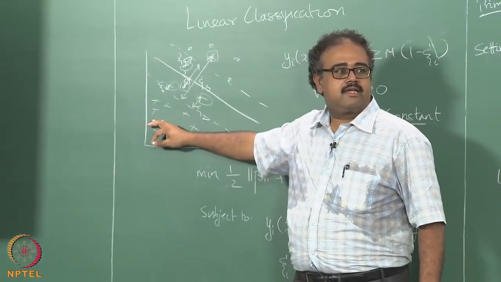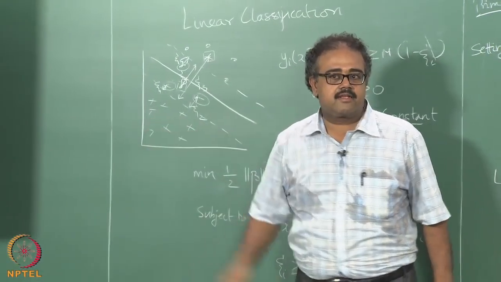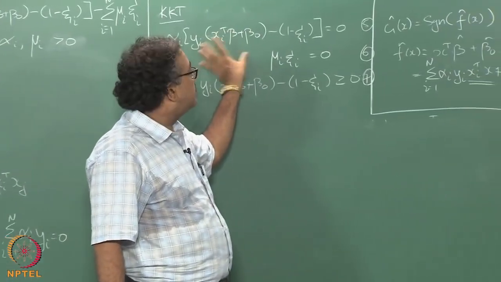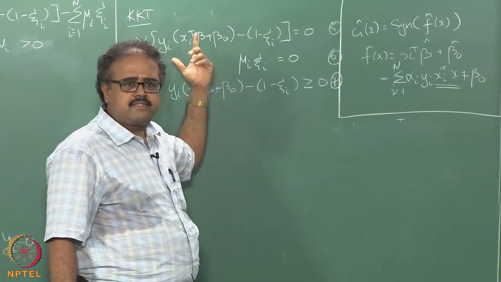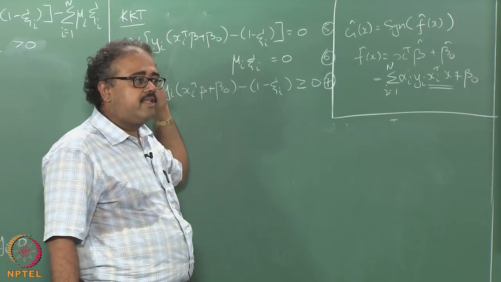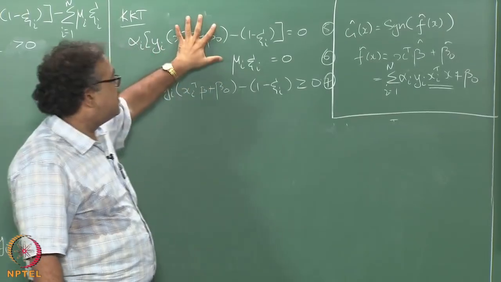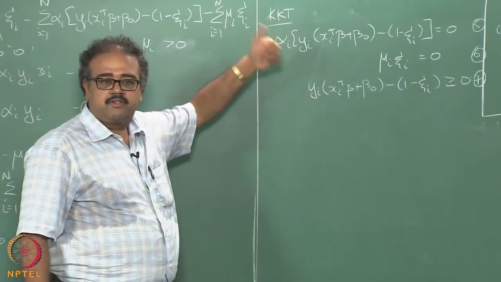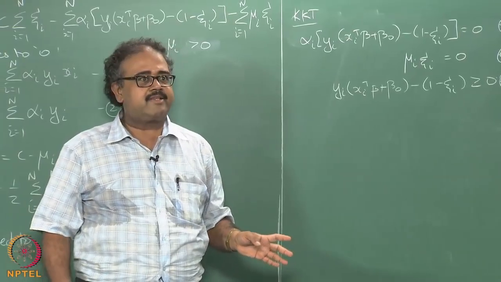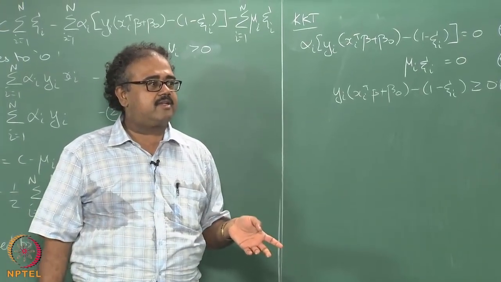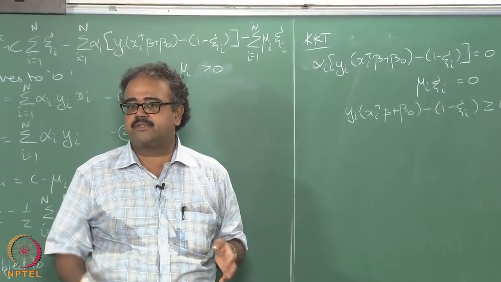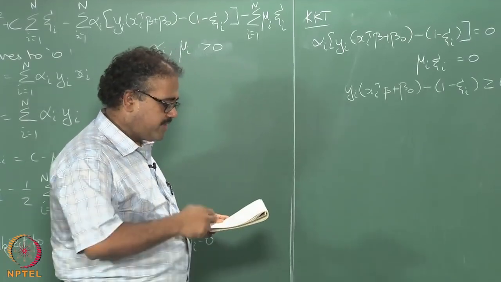So when xi's are 0, you will be left with this term alone, minus 1. That's exactly the same condition that we had earlier. So if this is far enough away from the margin, then this will be non-zero, so alphas have to be 0. So we know for sure now, things that are on the correct side of the margin, alphas will be 0, so they won't contribute anything. So now what about things that are on the margin?